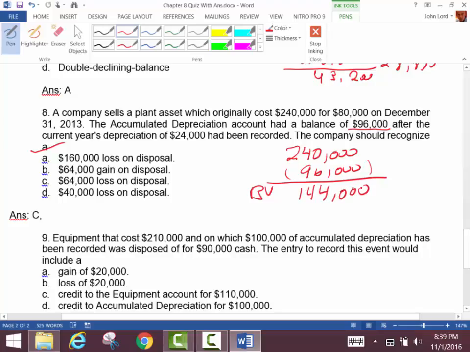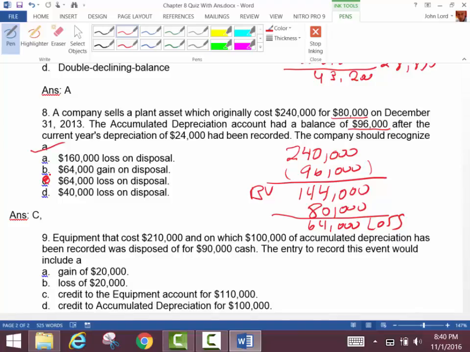And I sold this thing for how much? 80,000, didn't I? So I sold it for less than its book value, right? What's the difference? 64,000? That's a $64,000 loss because I sold it for less than its book value, right?